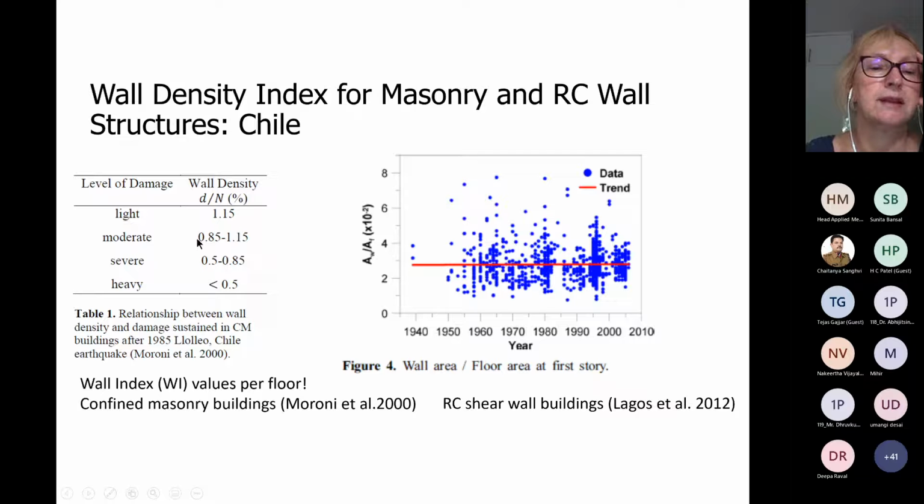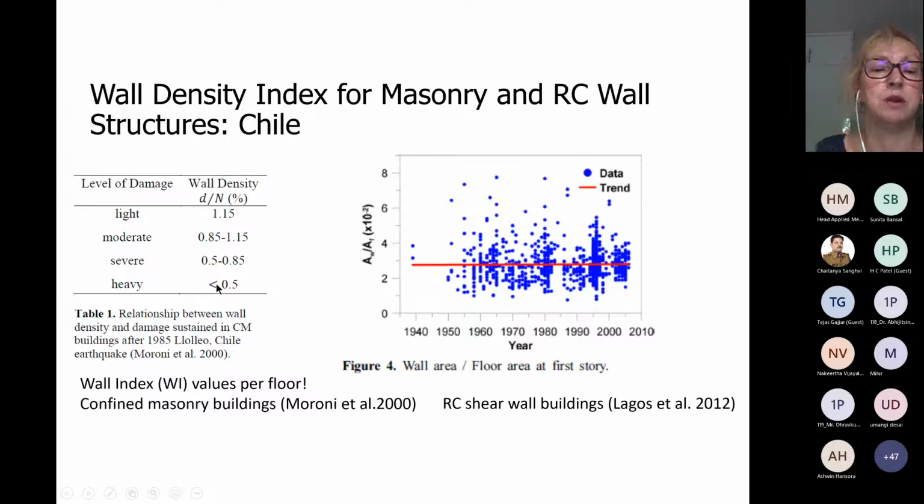The buildings that had between 0.85 and 1.15%, determined the same way as I showed you on the first slide, had moderate damage. And the buildings that had less than 0.5% suffered heavy damage.